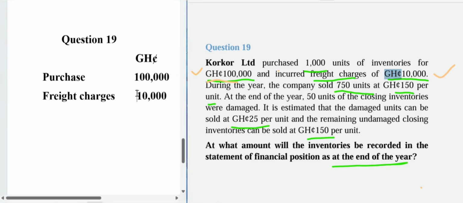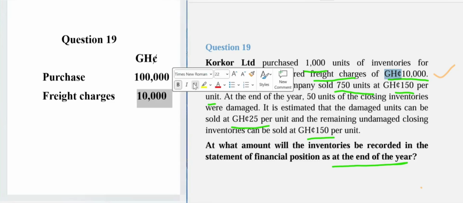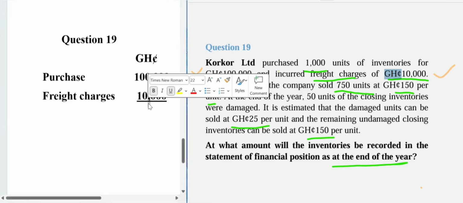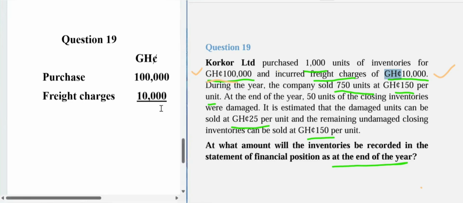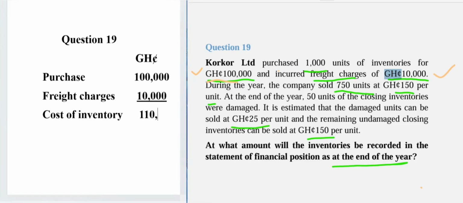Then this will now be the cost of the inventory. So 100,000 plus 10,000 gives us a cost of inventory of 110,000, right?